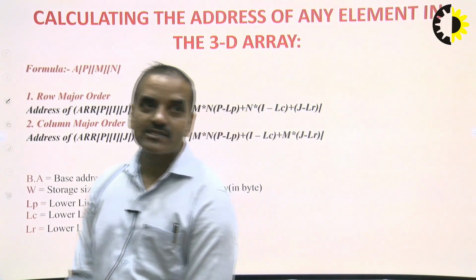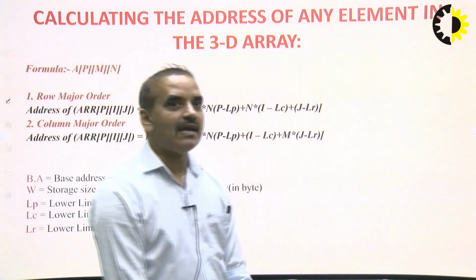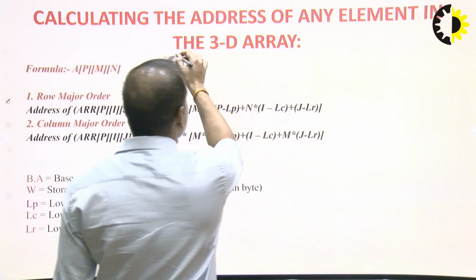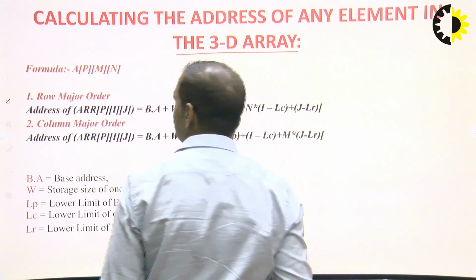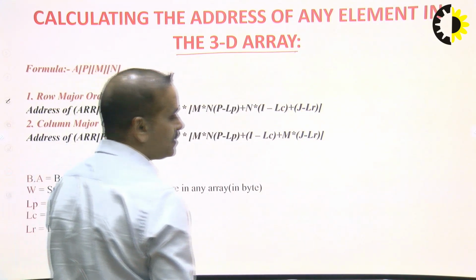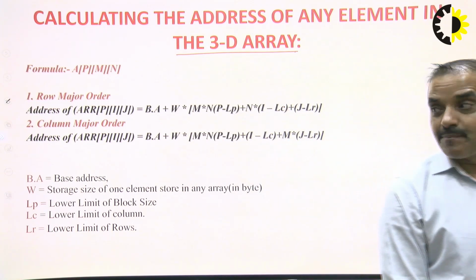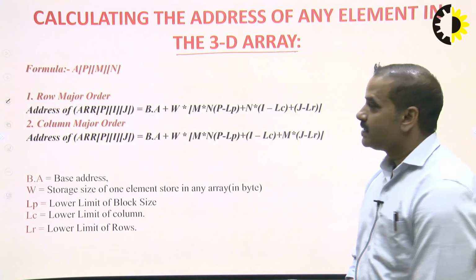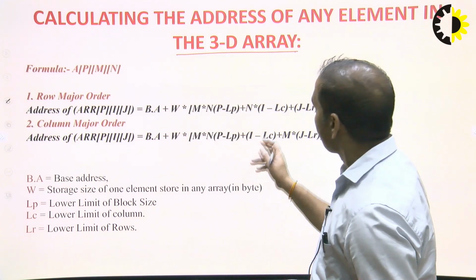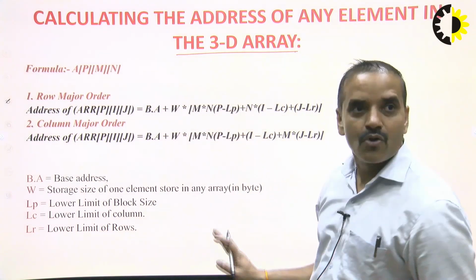Now, the next one is calculating the address of an element in a 3D array. In case of a 3D array, we are using the same formulas, row measure order and column measure order, because except for 2D and 3D, the array is represented by row measure order or column measure order.